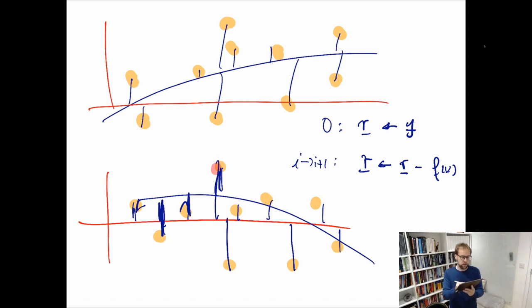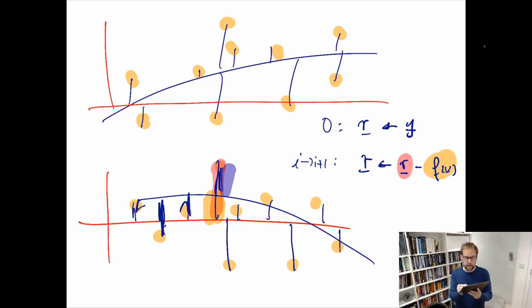The previous residual was this one here, and the fitted value of the function is this one here. So the new residual is this one here. I'm not sure whether you can see that easily.